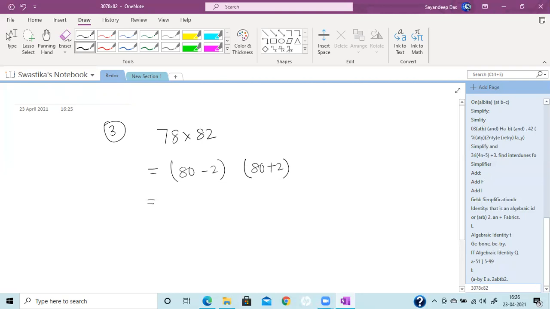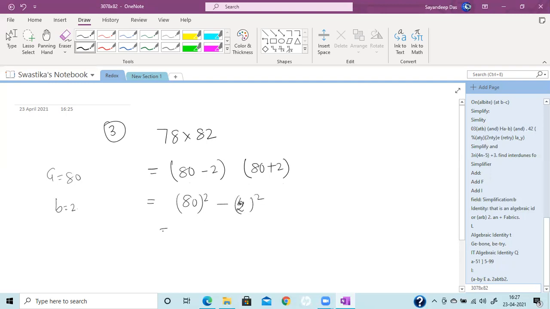So here a is equal to 80, b is equal to 2. So you have got what? (a minus b) into (a plus b), that is equal to a square minus b square. What is a square? It is 80 square. What is b square? It is 2 square.